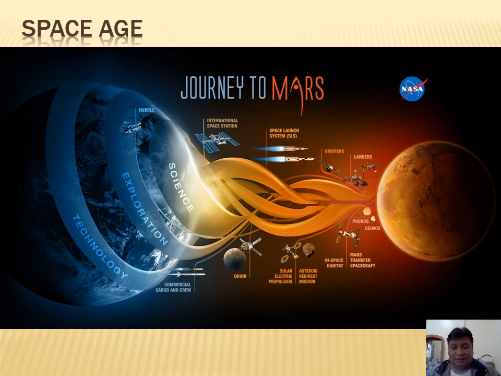And lastly, if you want to go to Mars, the journey will be signed with a waiver and also an agreement, a contract. Once you go to Mars, you will never be able to return to planet Earth. That's the tragedy there. So it's better to just stay here rather than go to Mars.